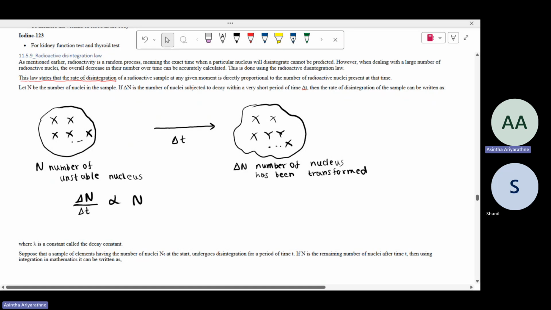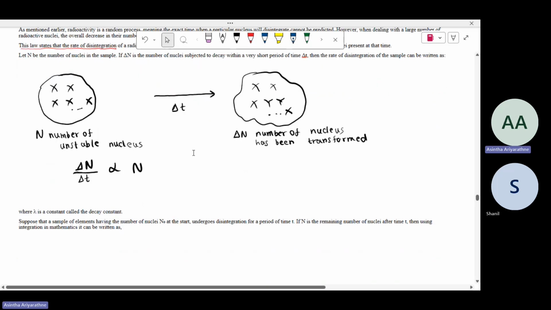Then in order to get rid of the proportionality, a constant is introduced, which is lambda.